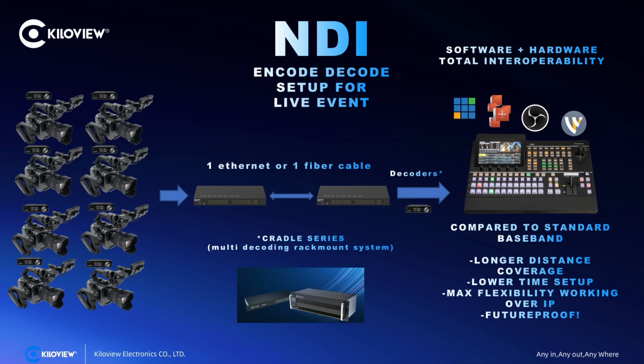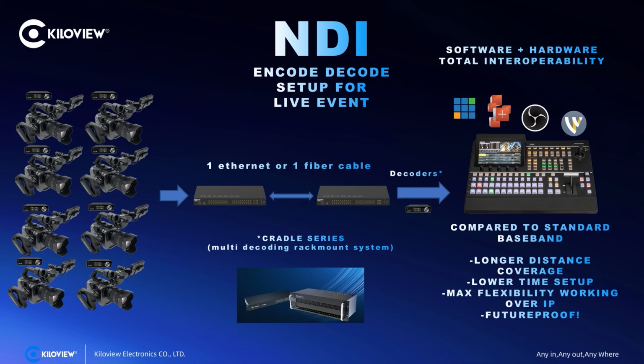This is an example of how you put NDI and our Kiloview products into live production. So we are pretending we have some cameras, and every camera has one encoder that is sent to a switch, and then we connect point to point one switch to another switch where we have other decoders or our Cradle series.